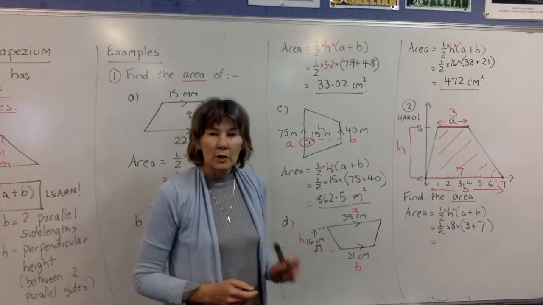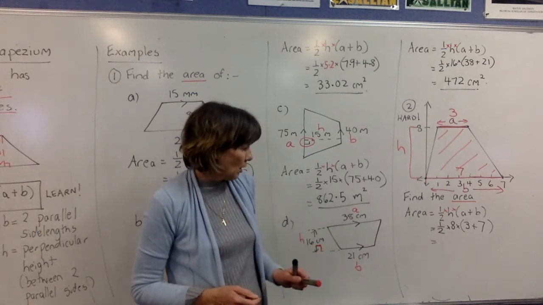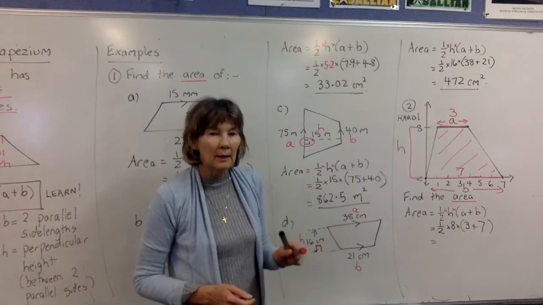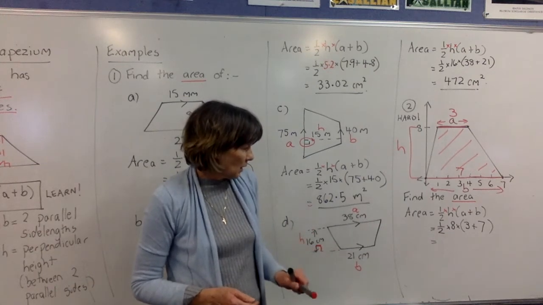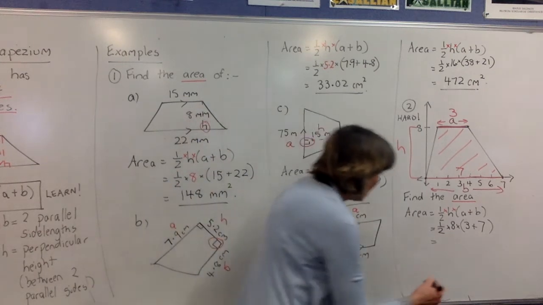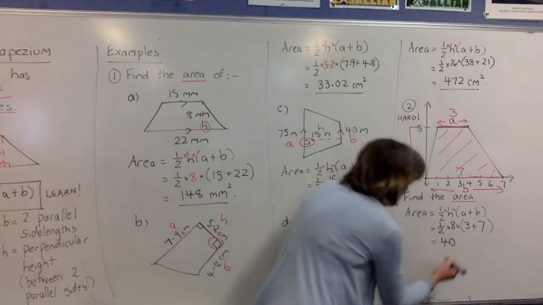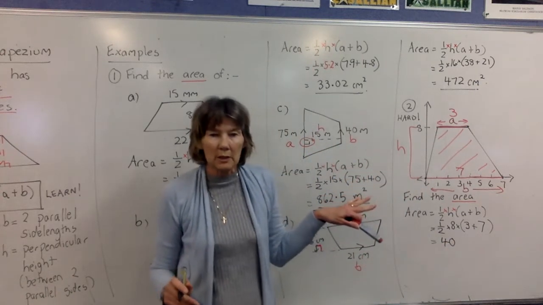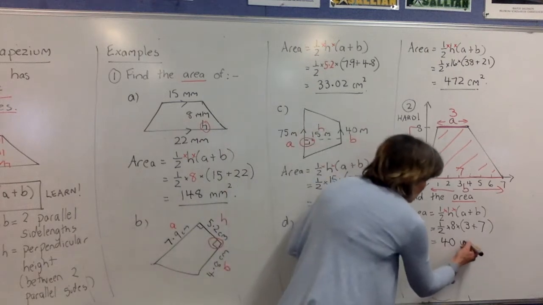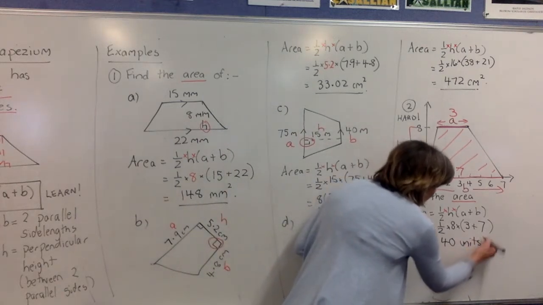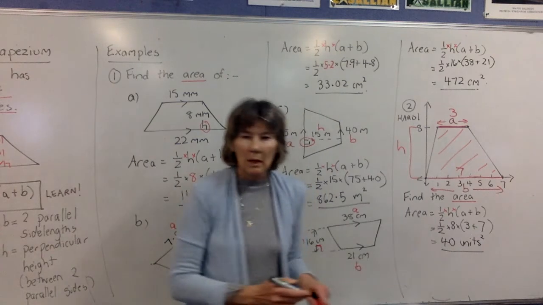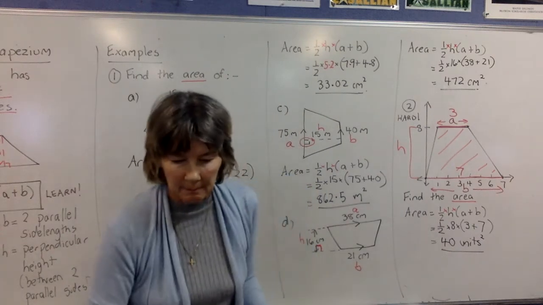A half times 8 times, open bracket, 3 plus 7, close bracket. And you will get an answer of 40. Now, we don't have any units on this one, so you can just write units squared. If they don't give you units, you can do that.